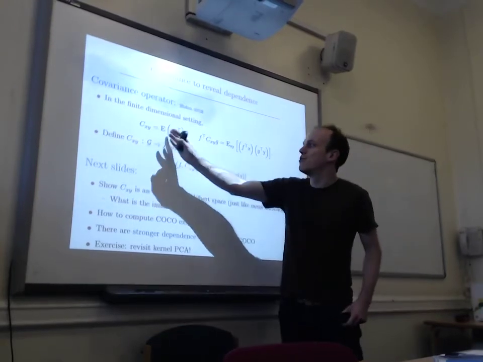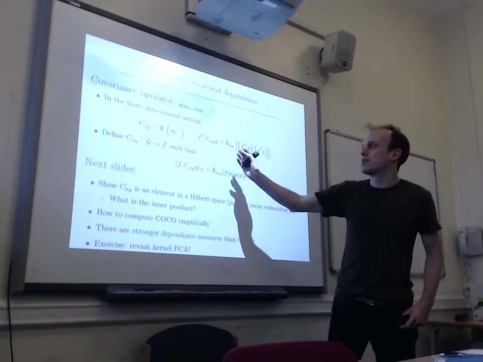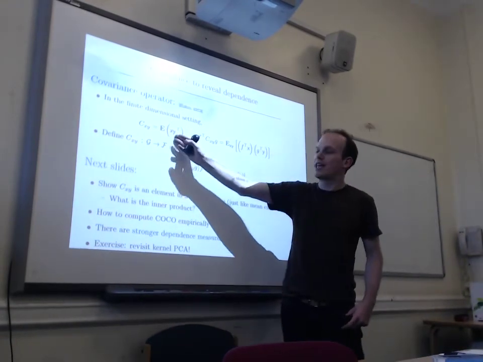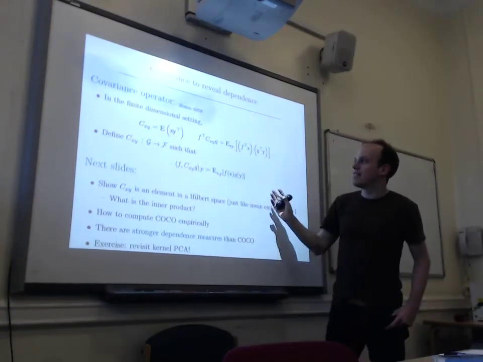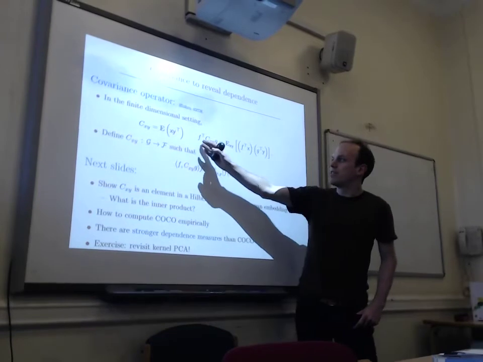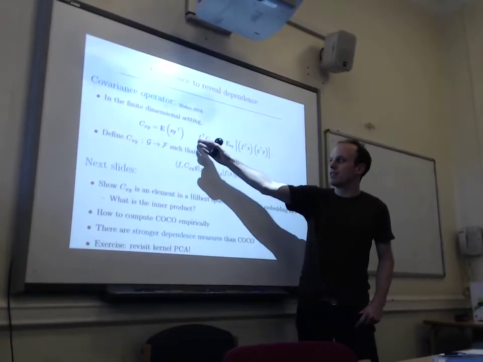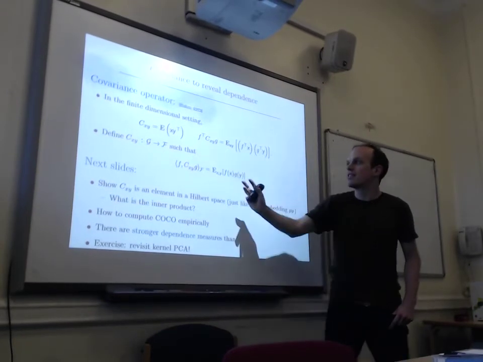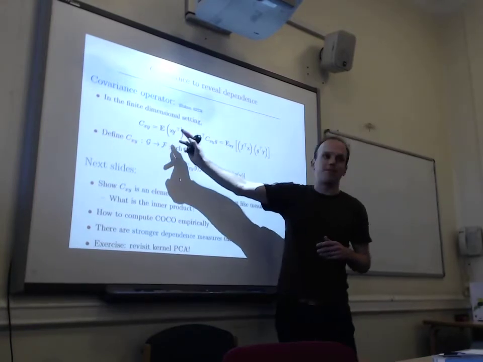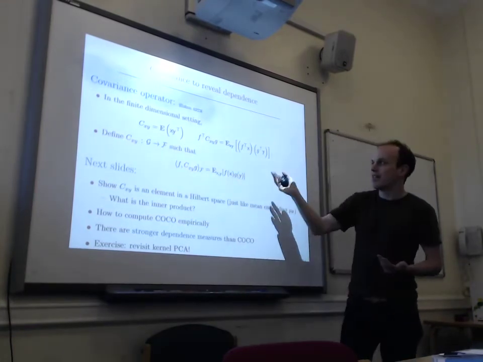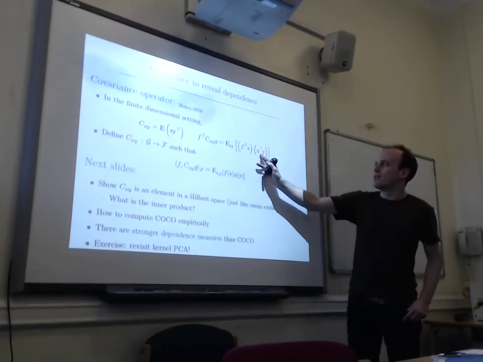Let's say I have two vectors x and y, and assuming these have zero mean, what is the covariance between them? Well, it's the expectation of x y transpose. And what property does this matrix have? If you take the product f transpose C_xy g, where f and g are vectors and C_xy is this covariance matrix, then you can take these f's and g's inside the expectation because they're constant, and you get the expectation of the product of f transpose x and g transpose y.